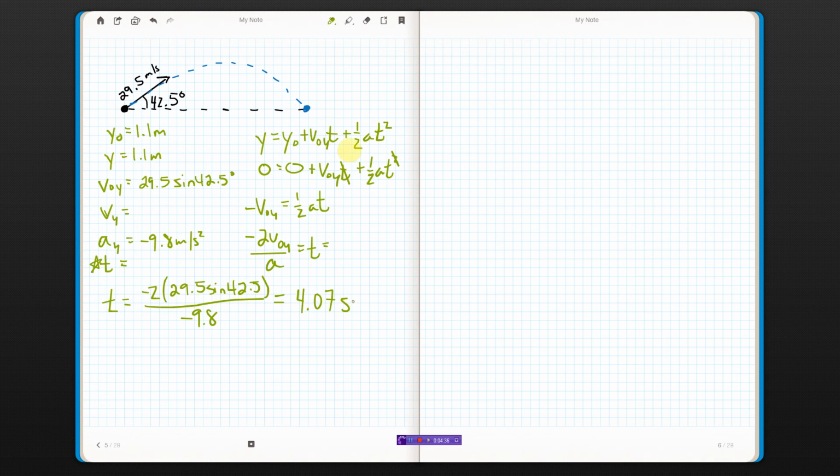With that amount of time, for the distance it goes, we're going to use this equation. That's an x, I swear.